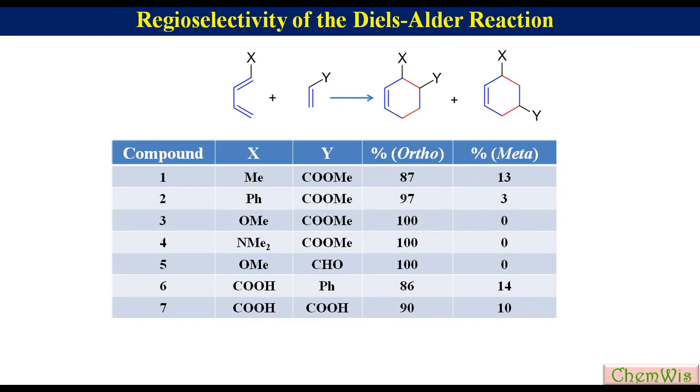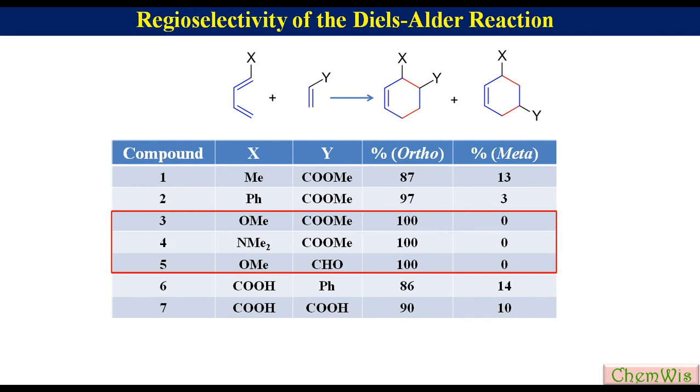Here we can see that irrespective of the nature of X and Y, whether they are electron donating or electron withdrawing, ortho adduct has been found to be the major adduct. In the case of 3, 4 and 5, there was only ortho product. Meta adduct could not even be detected.